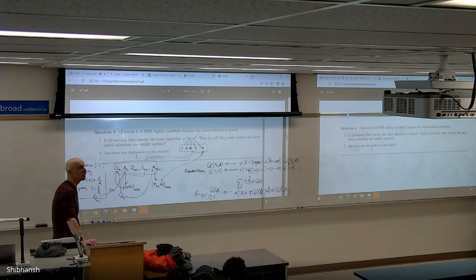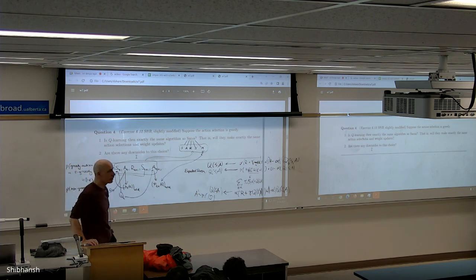Wonderful question. It could mean both. It's somewhat vague language. If you read the book very carefully, the intention seems to be that when they say the action selection is greedy, you're running this online algorithm as it goes, and it keeps updating how it selects the actions, and it's going to be greedy. Especially since we are talking about control here, where we also take into account how we are generating the data. But you're absolutely right.